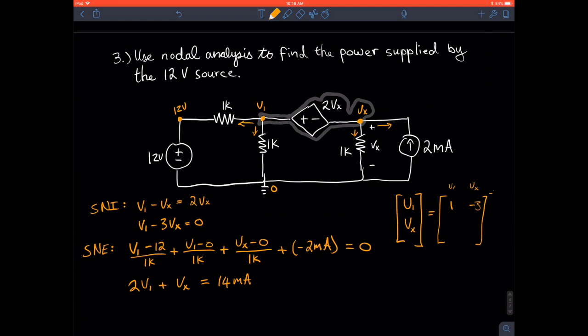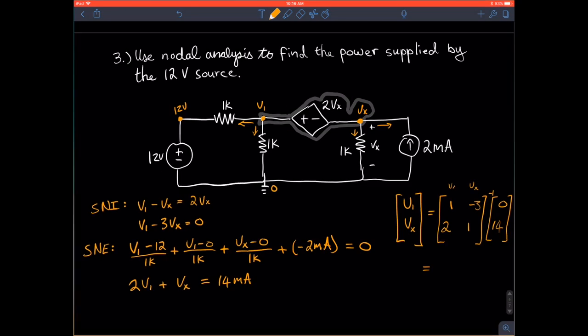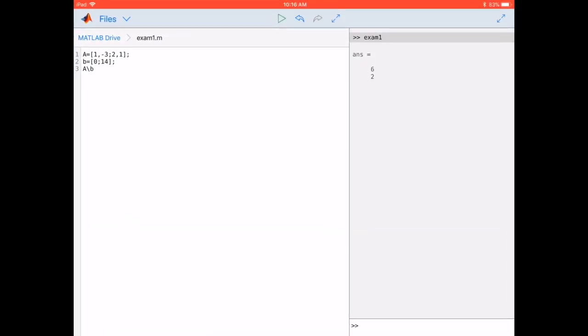We're going to invert that and multiply it by the constants. And then for this one we have a 2 and a 1, and we have 14 milliamps over there. So when you plug that into your calculator, V1 and Vx becomes something. Let me go check. So I did this in MATLAB on my iPad, and I got 6 and 2.